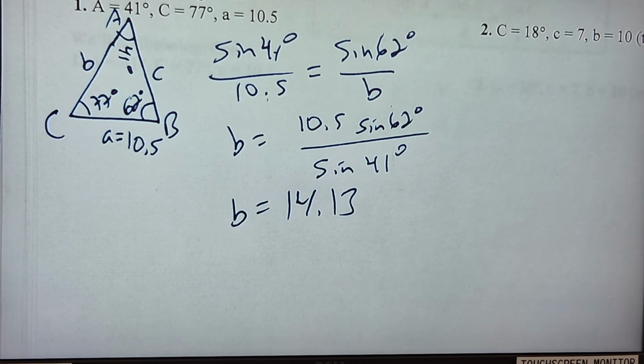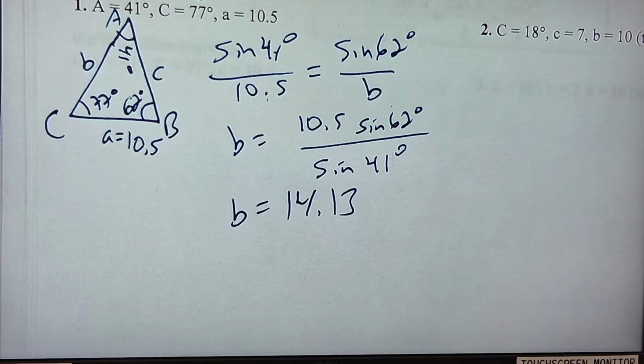Yeah, because angle A is the smallest. Side B is across from a bigger angle. It should be bigger, and it is. And of course, side C. Did you do it with side C instead of side B?